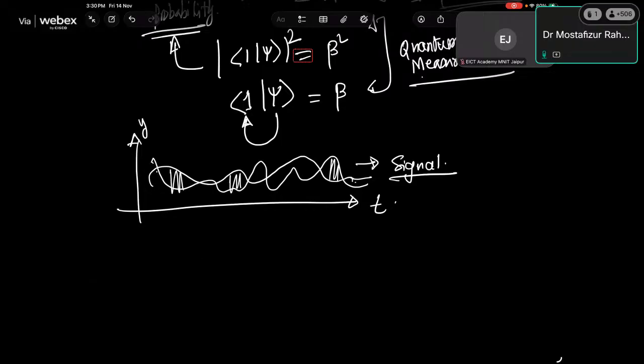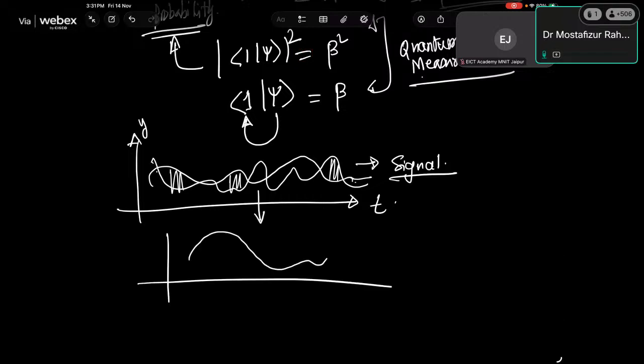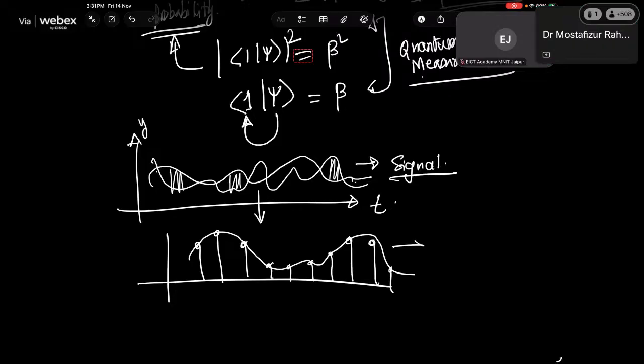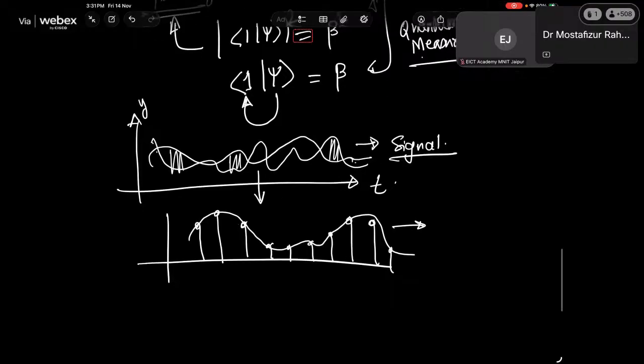Suppose the clear version looks something like this, and this is the superimposed version, and we do discretization. So the discretized part is y0 to yn minus 1, and you denote it as a vector, say y.